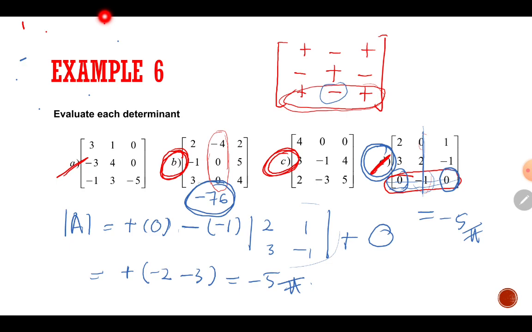And then untuk C, jawapan dia adalah 28.